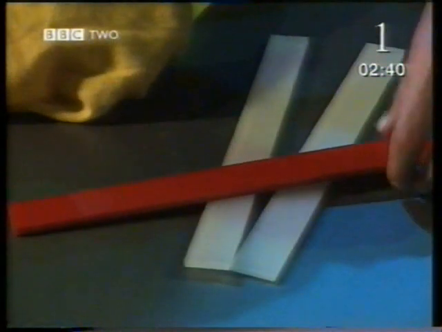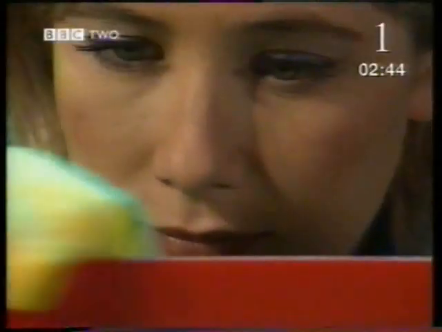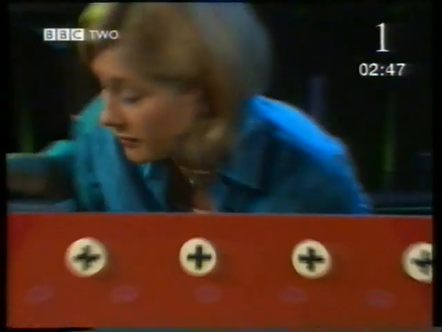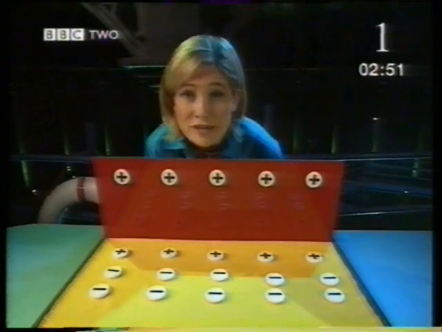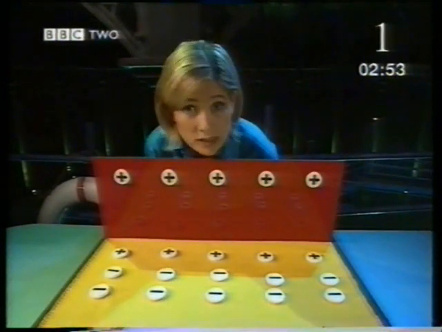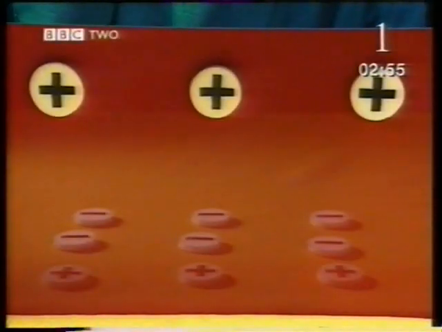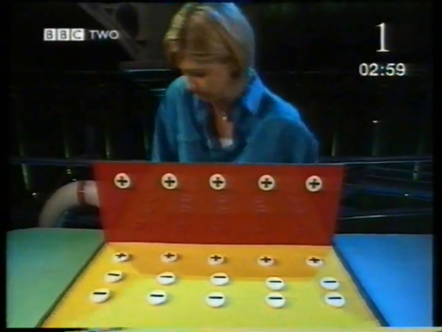The opposite happens when I rub the acetate strip. This time, the negative charges move the other way, from the strip onto the duster. So this time, there are more positive than negative charges left on the acetate strip. It now has a positive charge.